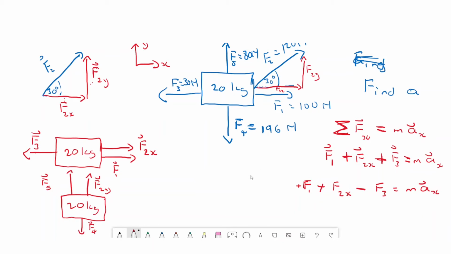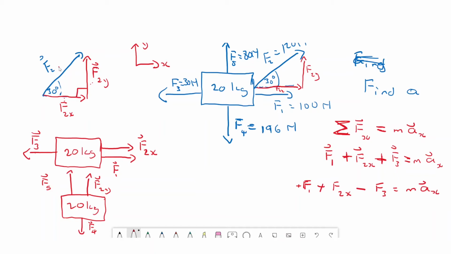Now I know the magnitude of F1. I don't know the magnitude of F2x. I do know the magnitude of F3, which is 30. So let me find out what the magnitude of F2x and F2y will be. If you look at this, they form a right-angle triangle.